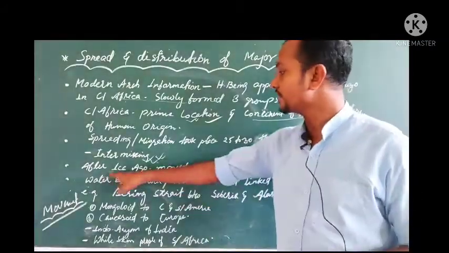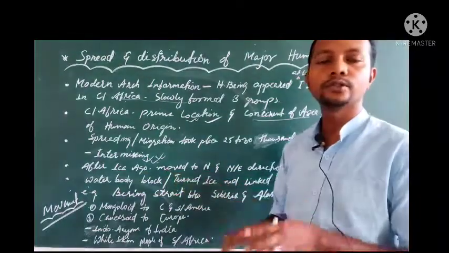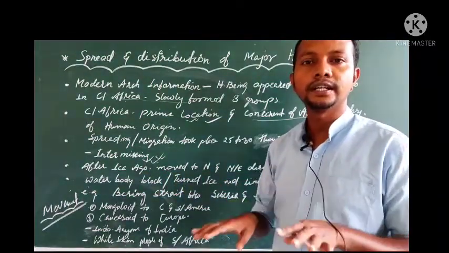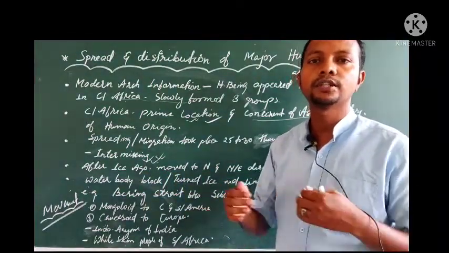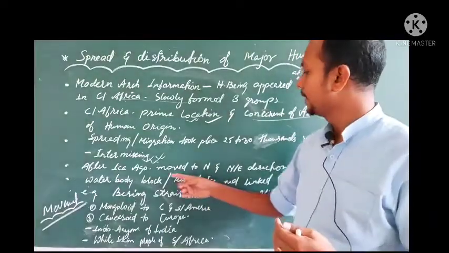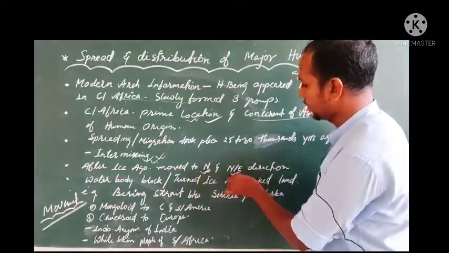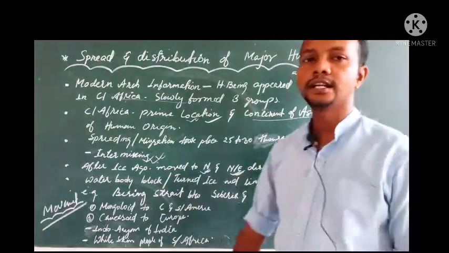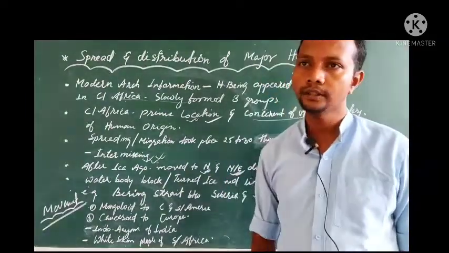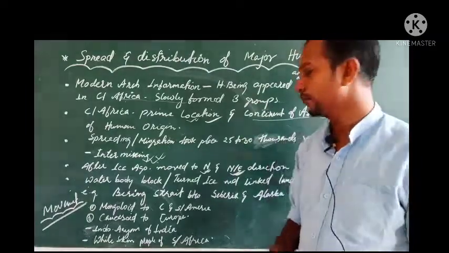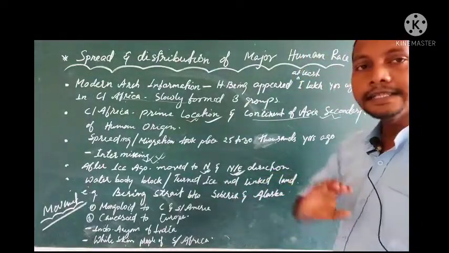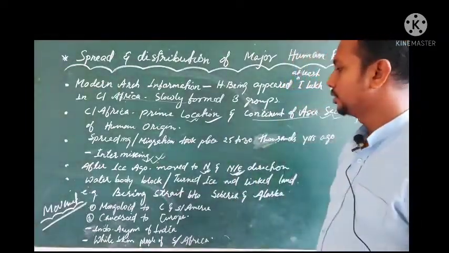Then slowly, after the ice age was getting past, people started moving to the northern part and also to the northeastern direction of the world.